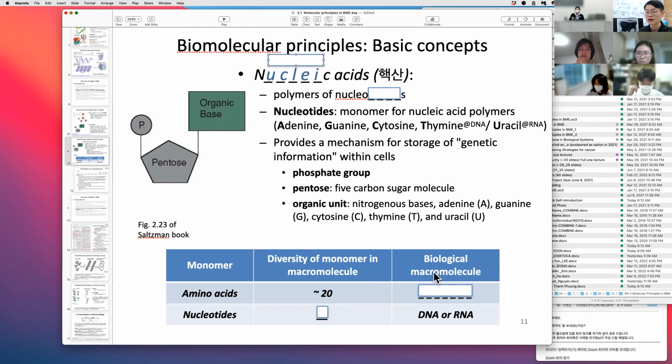What is a macromolecule made out of amino acids? I don't know, Professor. That's fine. Yundami, can you guess? I don't know, Professor. That's fine.